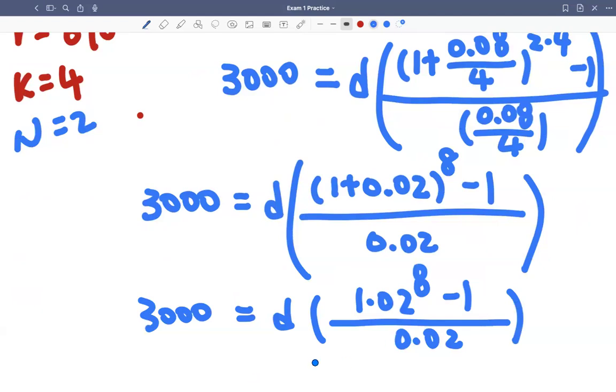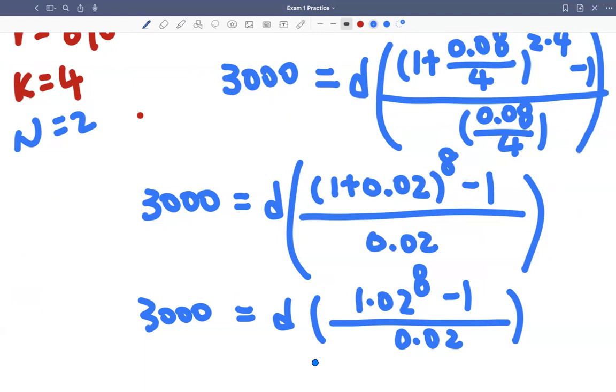Another way I could do this, because it's only raised to 8, is on my simple calculator, multiplying 8 times. So multiply 1.02 times 1.02.